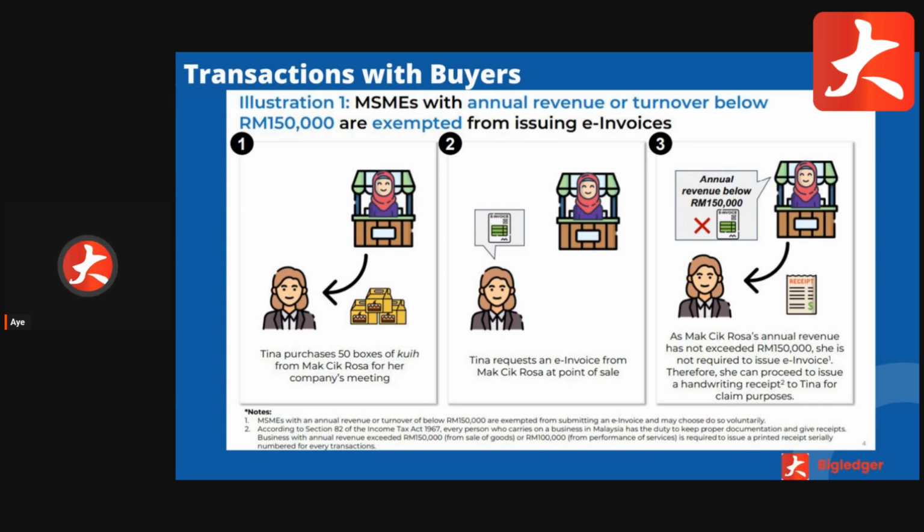Okay, here I put some illustration scenarios so we can go through it for better understanding of e-invoice submission. First one is like SMEs, MSMEs with annual revenue or turnover below 150,000 are exempted from issuing e-invoice.